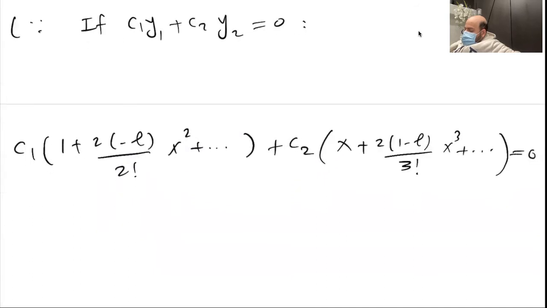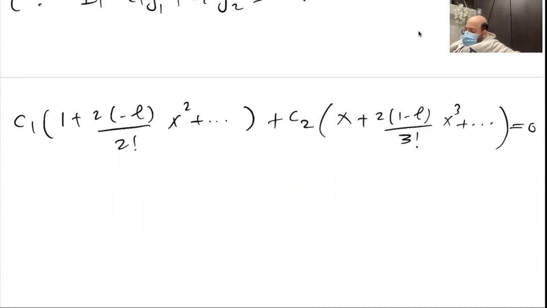If this is equal to 0, then I can say c1 plus c2 x equals 0. Now the right hand side is identically 0, it's the constant function 0. So the left hand side must be identically 0 as well. So by comparing the coefficients, the constant term must be 0 and the coefficient of x must be 0, and so on.